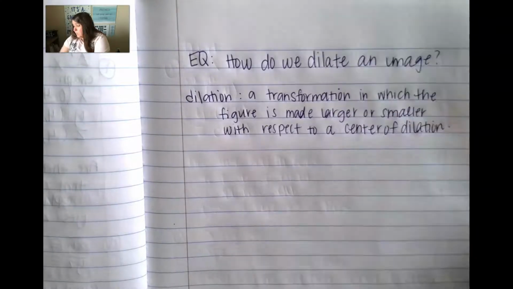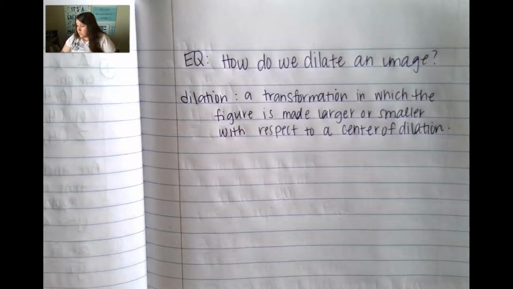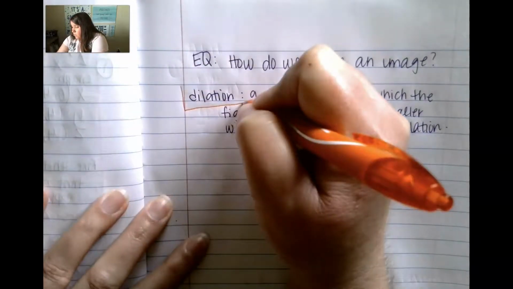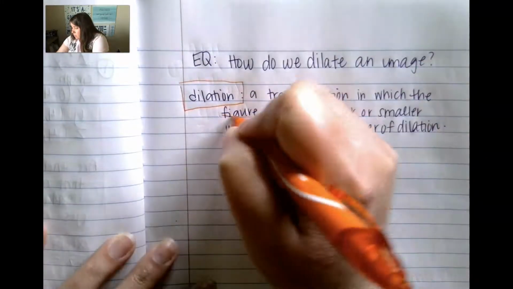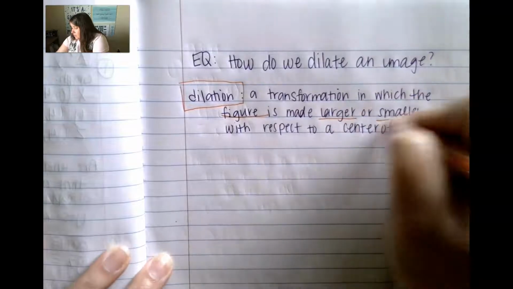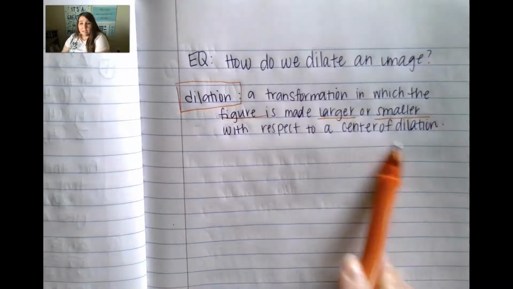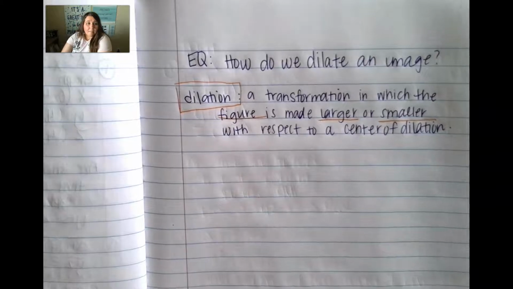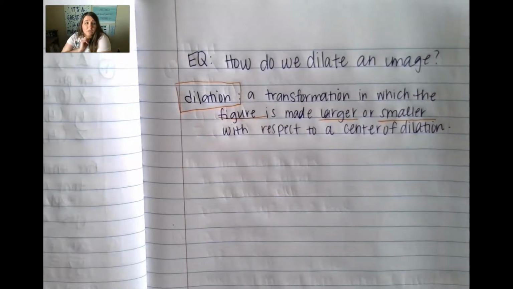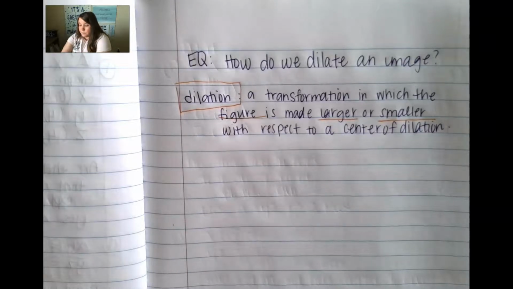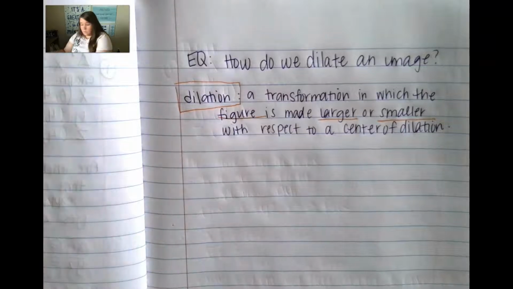All right. So dilation is just a fancy word for taking a shape or a figure and making it larger or smaller. But with respect to a center of dilation, that means that there's going to be a center point that we use in order to grow or shrink that image. So let's go like this.